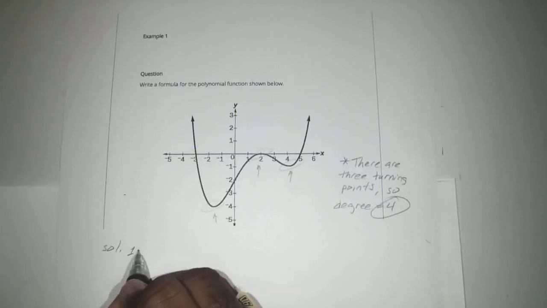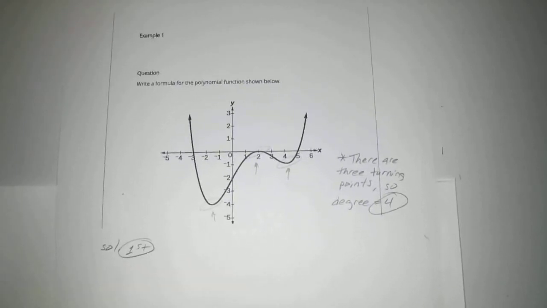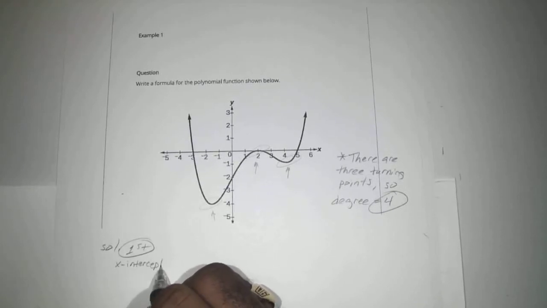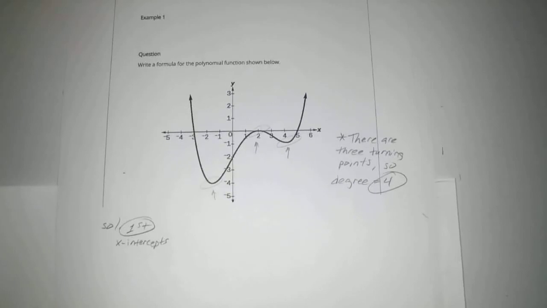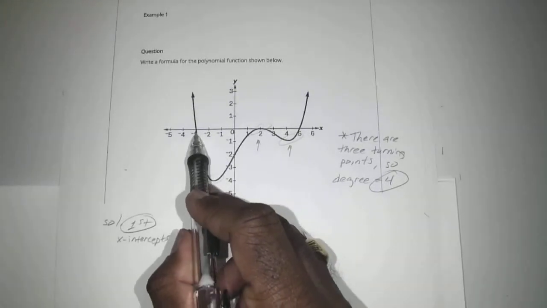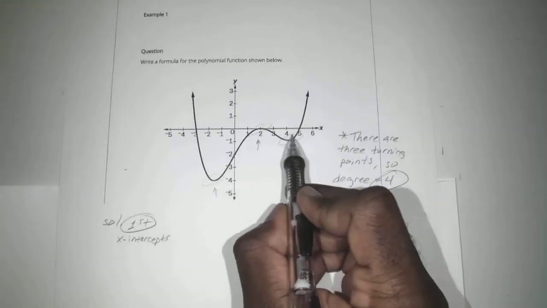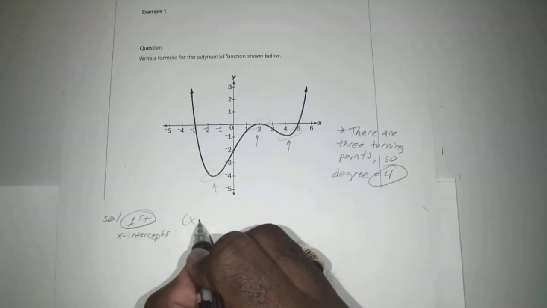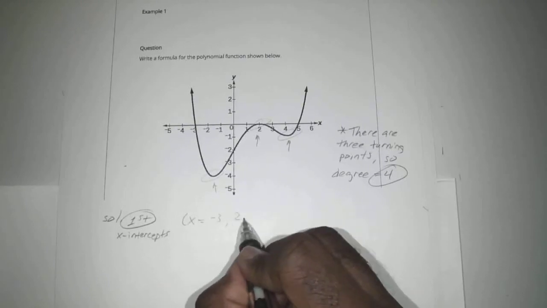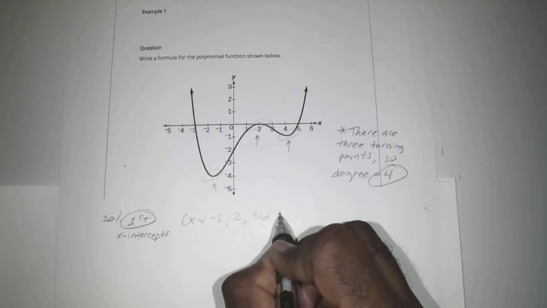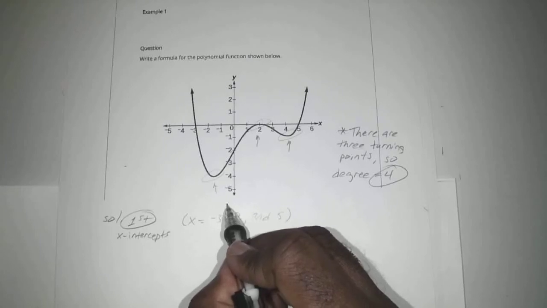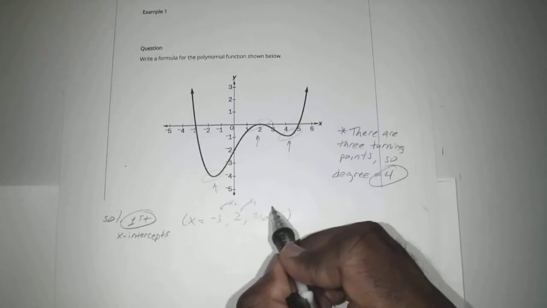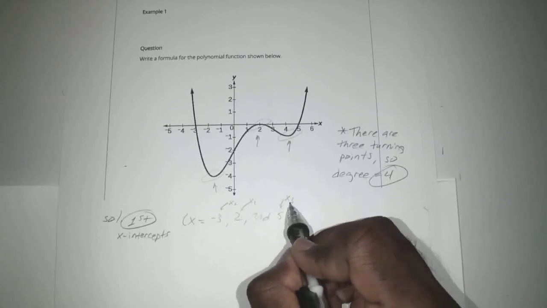Okay, so remember our first step, find the x-intercepts. So we know our x-intercepts are at -3, 2, and 5. So this is actually our x1, x2, and x3.